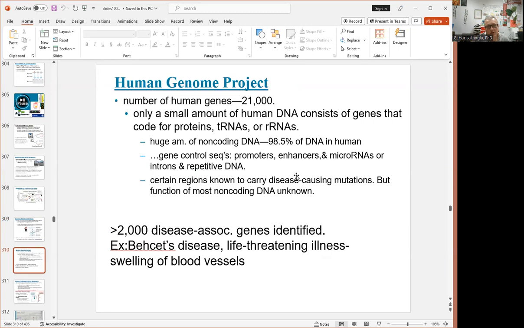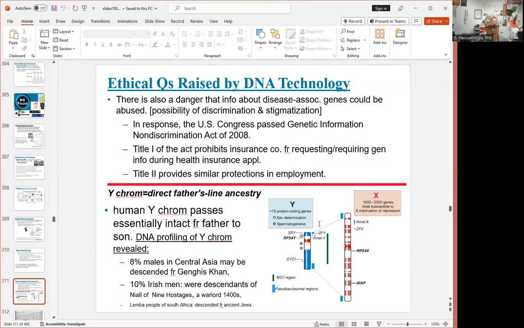The Human Genome Project was completed in the 2000s, and now we know there are 21,000 genes in the human genome. Also 2000 disease associated genes were identified, including Behçet disease, a life-threatening illness with swelling of blood vessels.